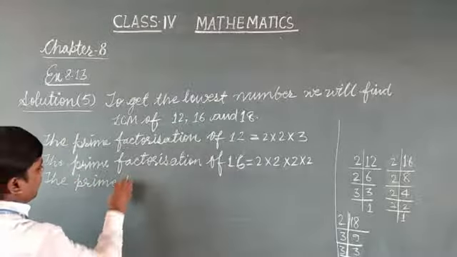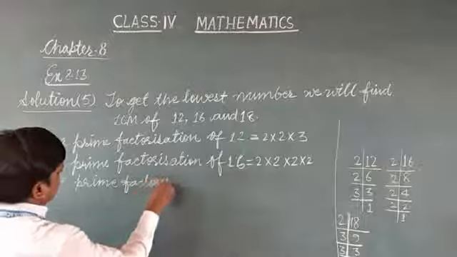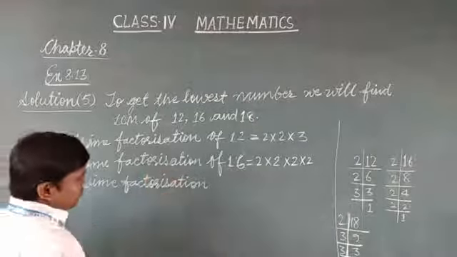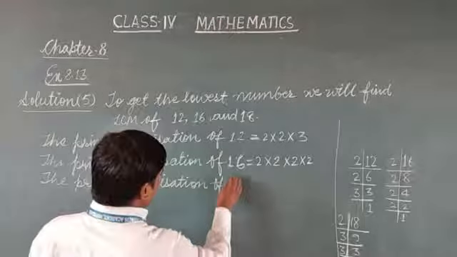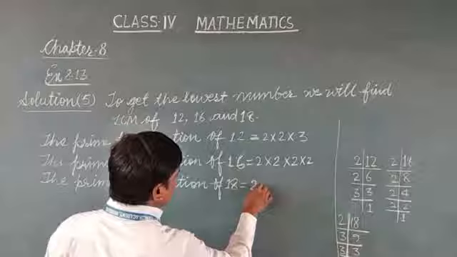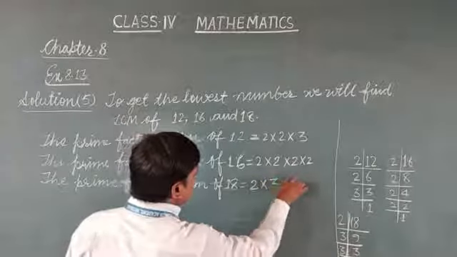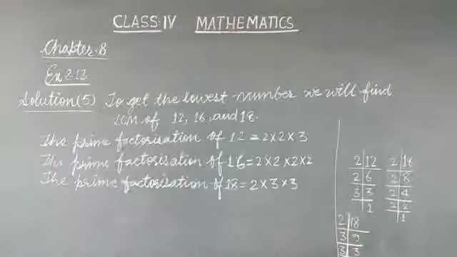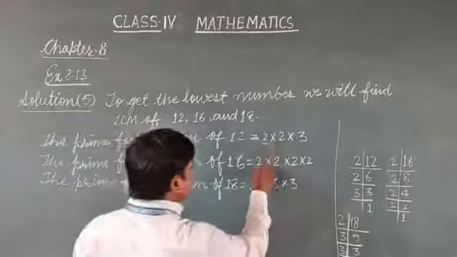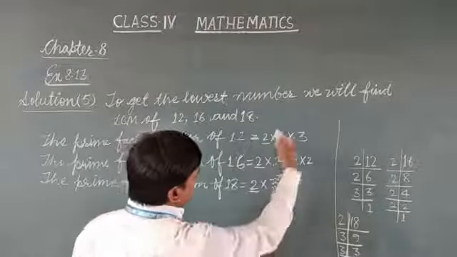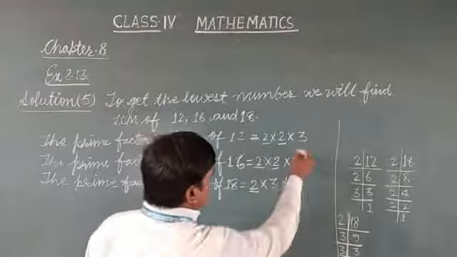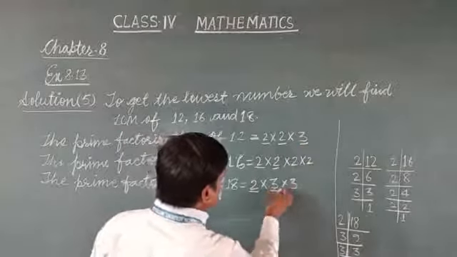The prime factorization of 18 is equal to 2 into 3 into 3. Among these, we write the common factors. So here 2 is common in all three. No other factors are common.